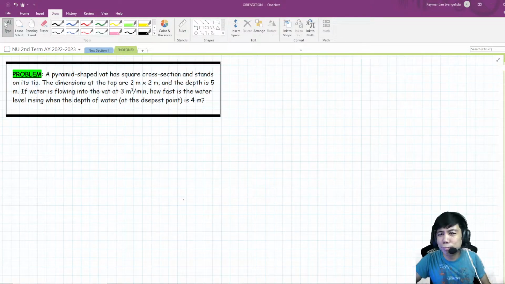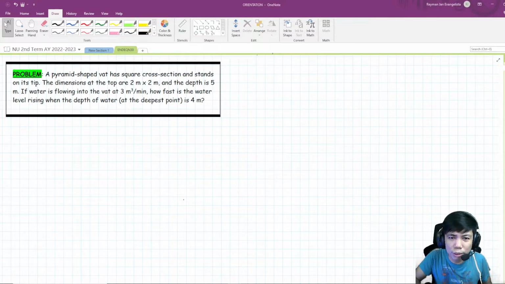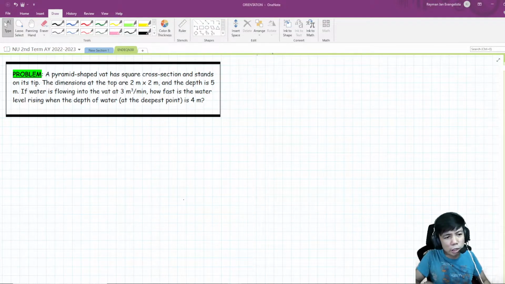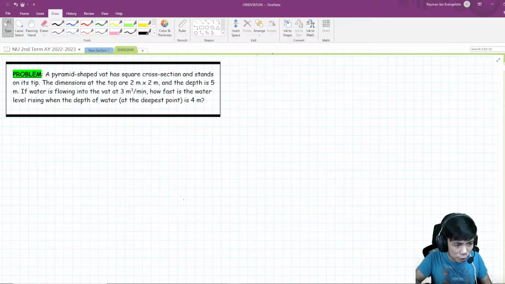Okay, so the problem is a pyramid shaped vat that has a square cross section and stands on its tip. Ibig sabihin guys na meron tayong pyramid na naka-invert. Bale yung ating base ay nasa taas na, yung kanyang square base.